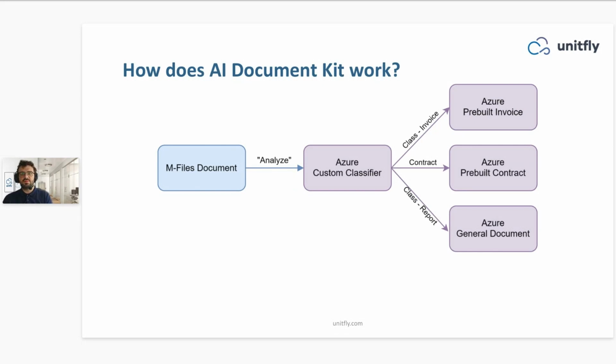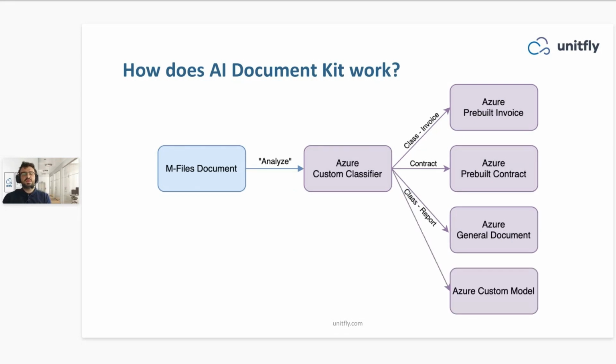Then we would go to Azure general document and extract all of the key value items, or all of the items that can be extracted with general document models. So there is a possibility to extract all the necessary data that you can extract with general documents if there are no pre-built models specified for your document case.